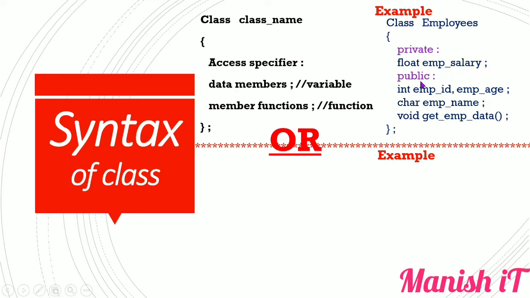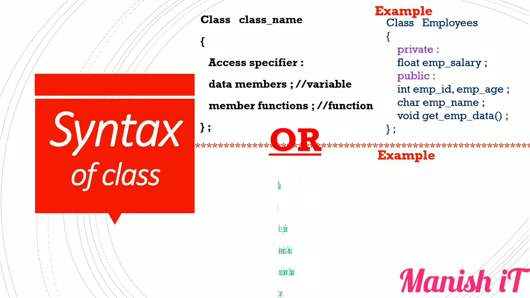We have another access specifier, that is public. Inside the public area I have declared int employee id, char employee name, and one member function named void get employee data. So this is our declaration part. We will see it in detail in the next slide.